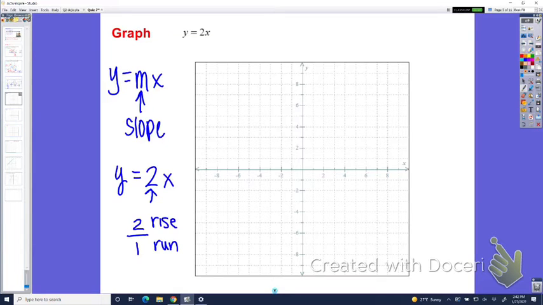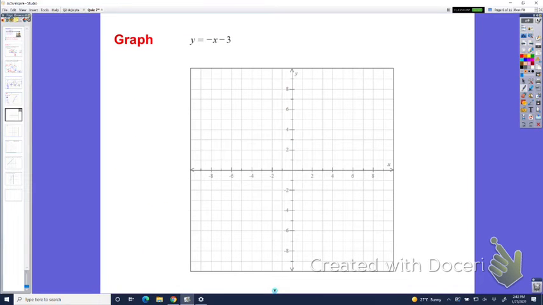Since there's no plus b number here, like there's a 0 at the end, this crosses through the origin at 0, 0, and I have to rise 2 from that point and run to the right 1. Rise 2, run 1. Or you can go down and to the left, and that would be your line. So that is a positive 2 slope.